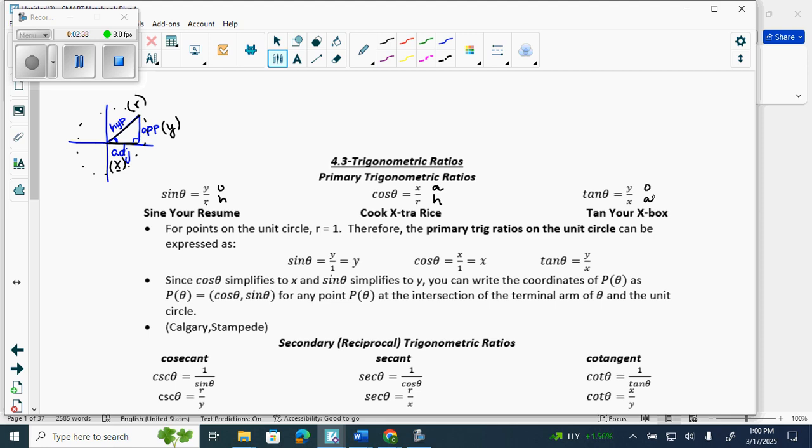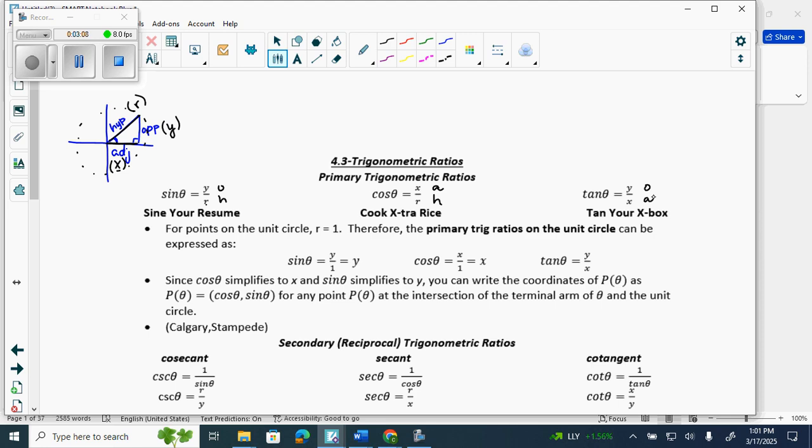Now, I have stupid acronyms to remember them. You're welcome. And you're like, these are dumb, I will never use them. Yeah, you will, by the end of the day. So, sine: sign your resume. No one signs their resumes, but you will, because that's how you can remember it. Sign your resume. And then for cos, it's cook extra rice. Someone made this up with me about 5 years ago in class. You're welcome.